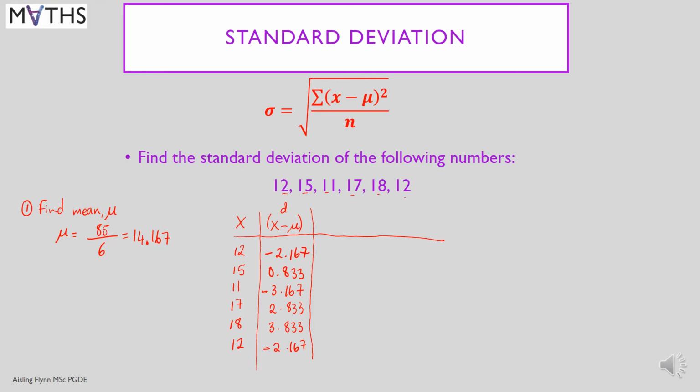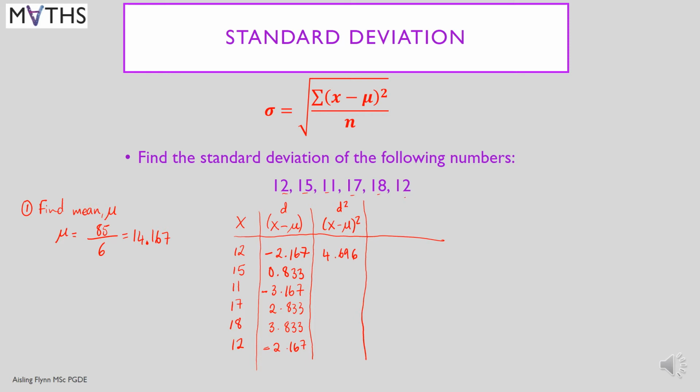Now we said to counteract the plus and minus thing, we're going to square those differences. So that's the bracket squared, or we'll call it d squared. So taking your calculator, if you multiply minus 2.167 by itself, what you'll get is 4.696.